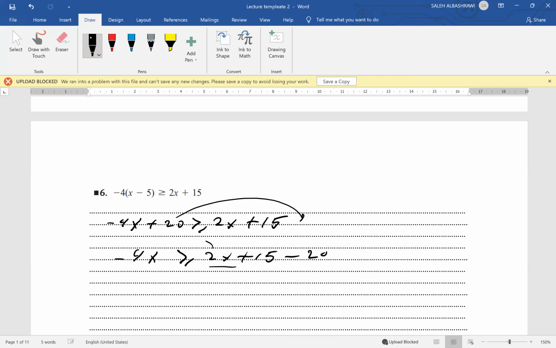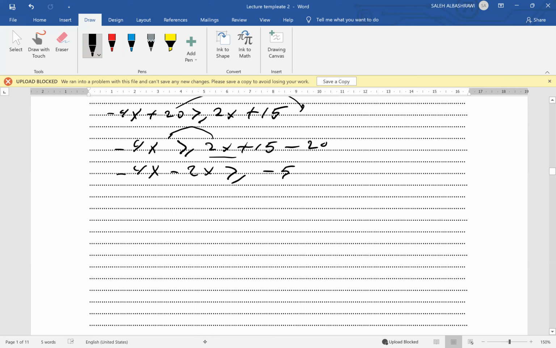And this 2x, I will move it to the left-hand side. It will be minus 4x minus 2x greater than or equal to 15 minus 20, which is minus 5. Then minus 4 minus 2 will give me minus 6x greater than or equal to minus 5. Now I need to divide by the coefficient of x, which is minus 6.